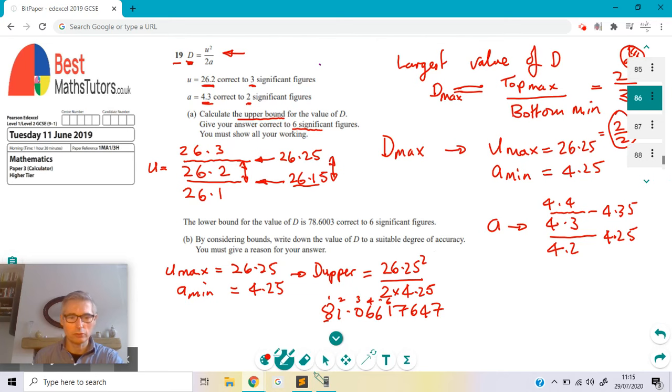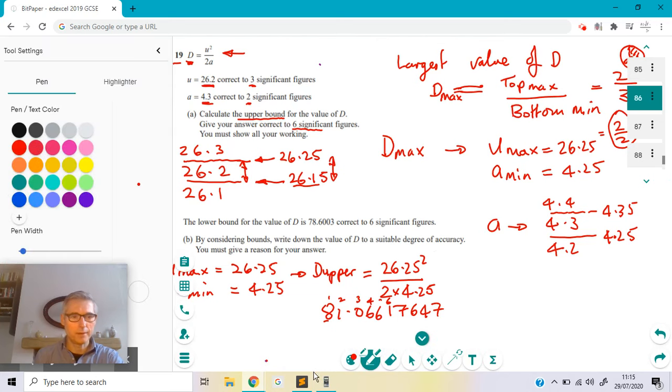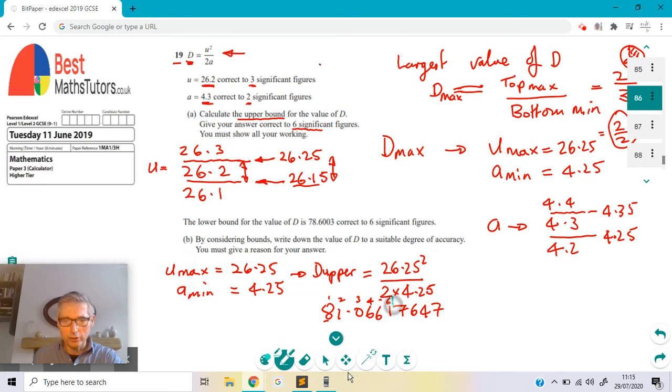So I'm just going to change the colour of the pen, hopefully. So here we go. And so I'm going to cut it off there. And what I need to do is I need to look at the next one. So I'm looking at the 7. And that will tell me whether the number in the 6th place there is going to stay as the 1, or is it going to get put up. So because it's a 7 there, so it's 5 or more, we're going to add 1 to the 1 to make it a 2.